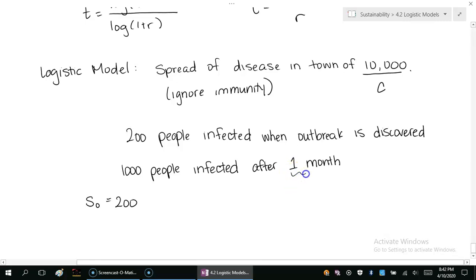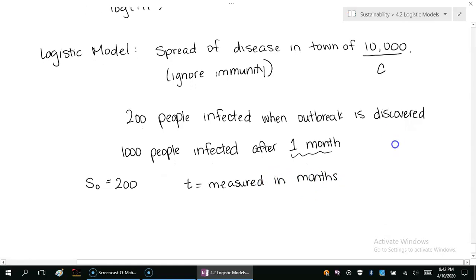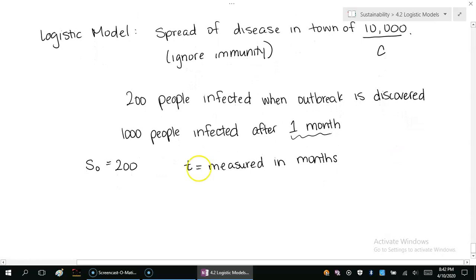Because we're given a measurement in 1 month, we'll say that our time t is being measured in months. And if after 1 month 1,000 people have been infected, in symbols we'd write S of 1 is 1,000.